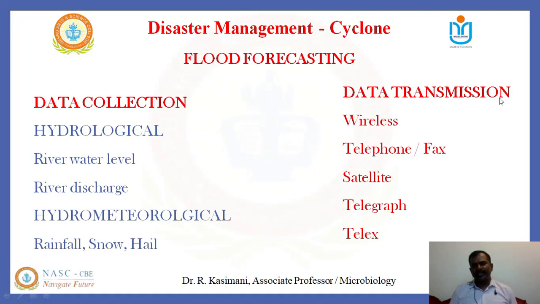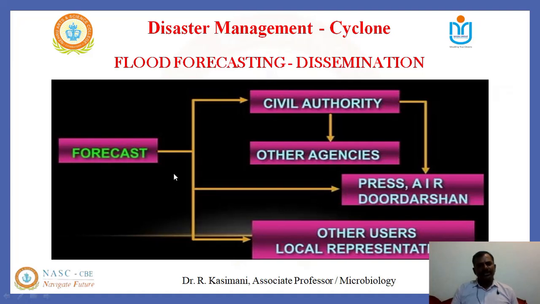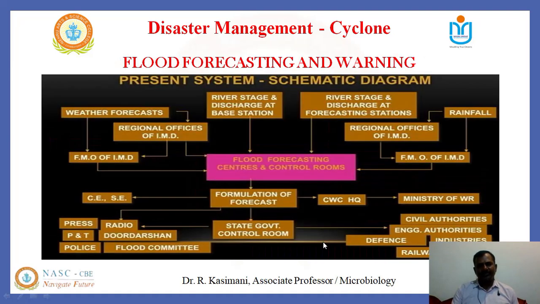How is the data being transferred? We have wireless, telephone or fax, satellite, telegraph or telex. So forecasting, you have the civil authority which identifies the problems, then it's transferred to other agencies, and the same civil authorities give it to the press and also other local representatives and users to carry out prevention methods.